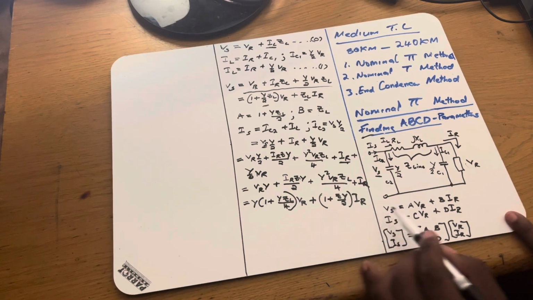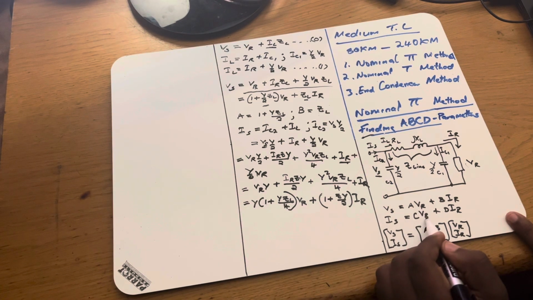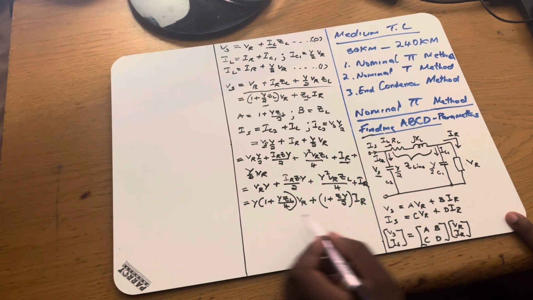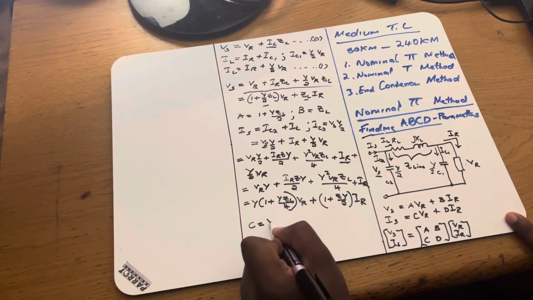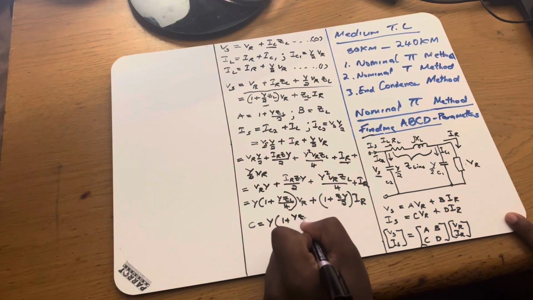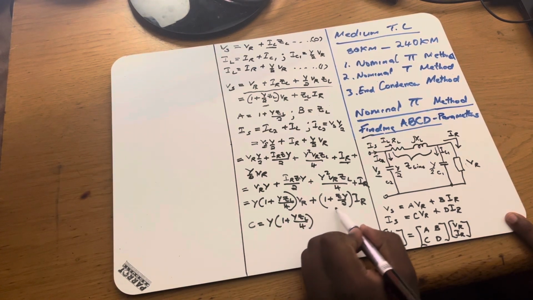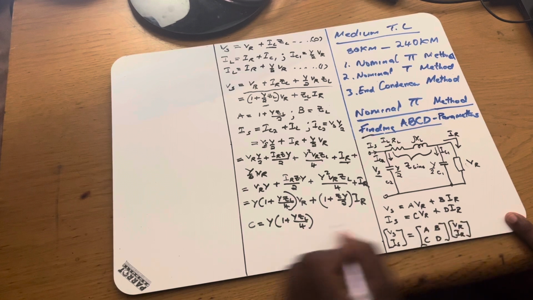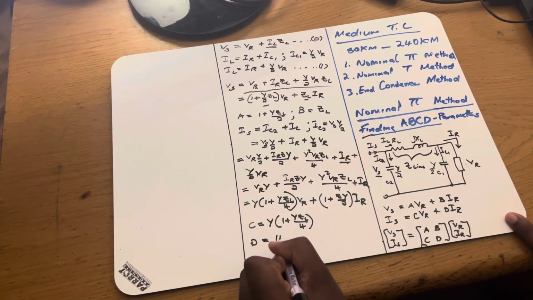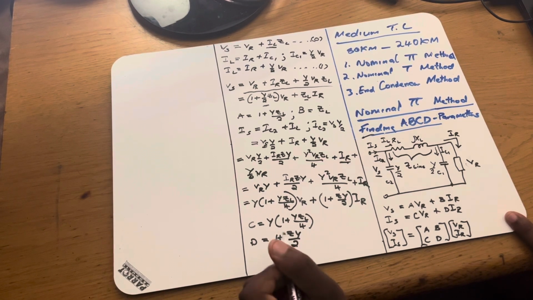So now we can safely say we have the coefficient of VR and the coefficient of IR. What is the coefficient of VR? It will be C equal to Y into 1 plus Y ZL divided by 4. Okay, and then we have D, which is D equals 1 plus Z Y over 2.